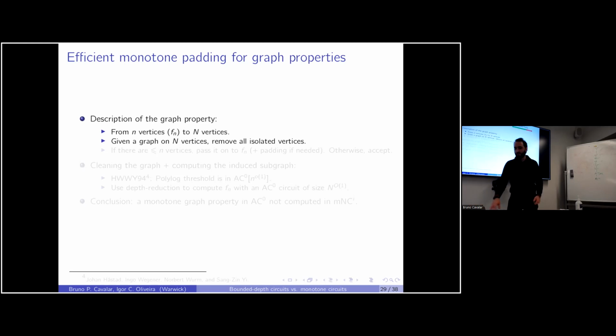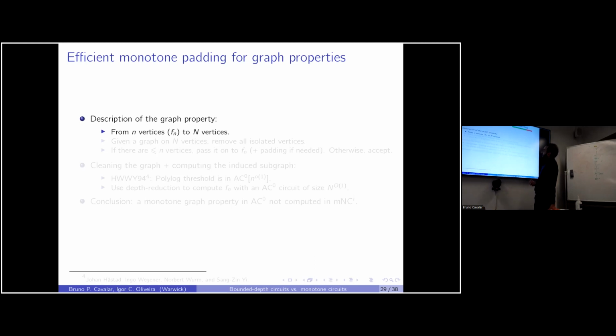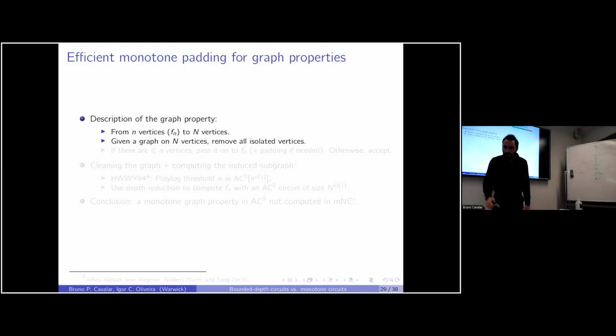So maybe I can describe a little bit how this monotone padding for graph properties works. We go from little n vertices to capital N vertices, so we're going through a graph property on a larger number of vertices. Given a graph on capital N vertices, you want to just remove all the isolated vertices.